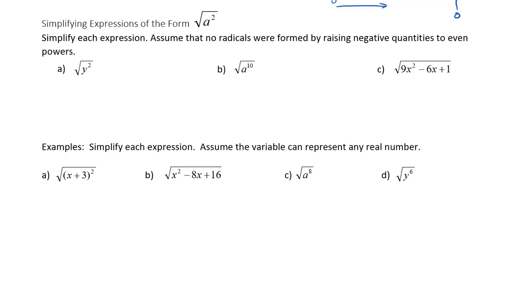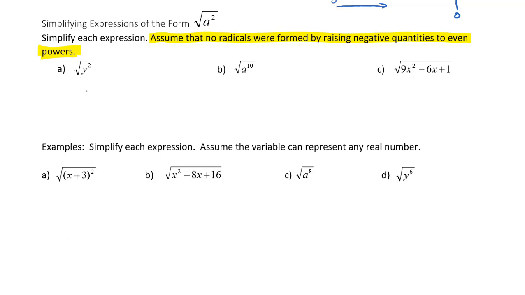Let's take a look at simplifying expressions of the form square root of a squared. If we wanted to simplify each expression, we need to assume that no radicals were formed by raising negative quantities to even powers. What this is basically saying is just look for the principal square root.